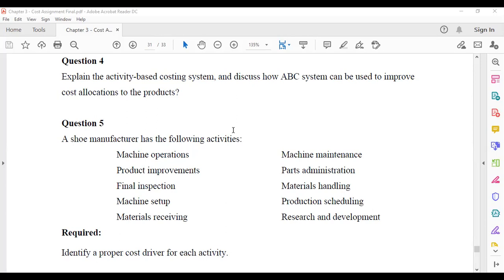While the overhead cost occupied an insignificant component of the product cost.